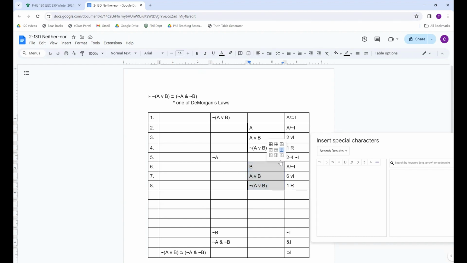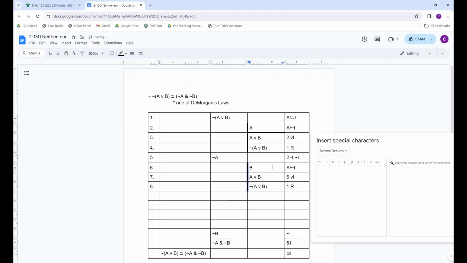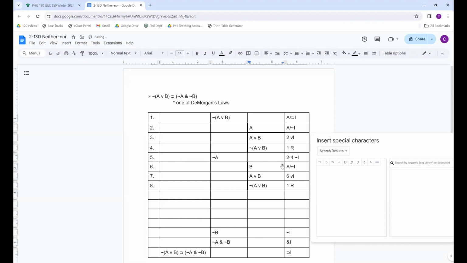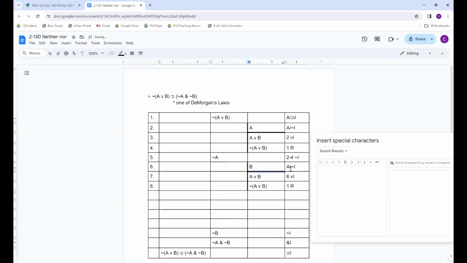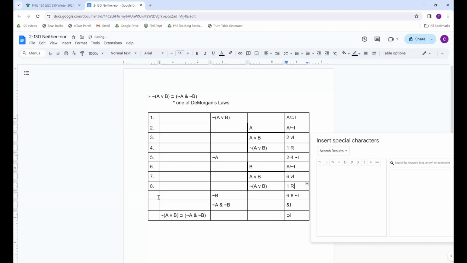We'll just fill in this scope line. And there, this one is just 6 to 8, negation introduction. We didn't use any of these lines, these rows, so we're just going to delete them. This is now line 9.